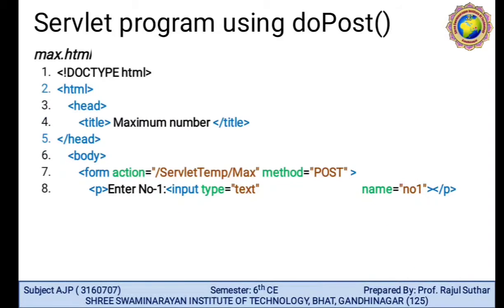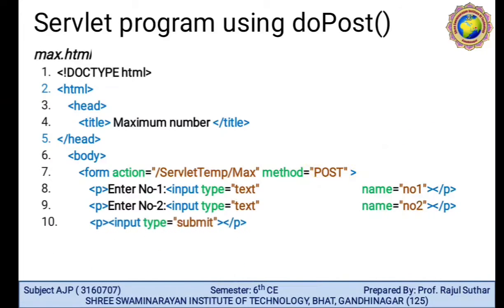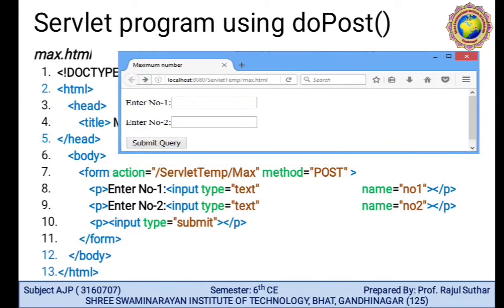Here form action is equal to, in double quotes, servlet temp / max, and we are working with the post method, so the method name post must be required here. In the same way we enter number 1, the input type is text, number 2, and we simply work with one submit button. So here enter number 1, number 2 and submit.